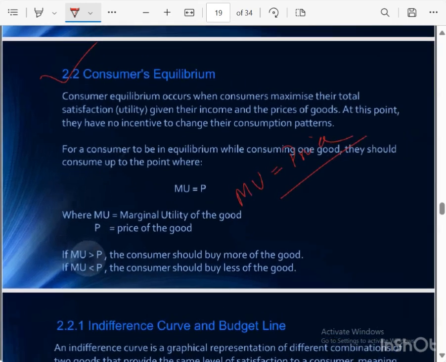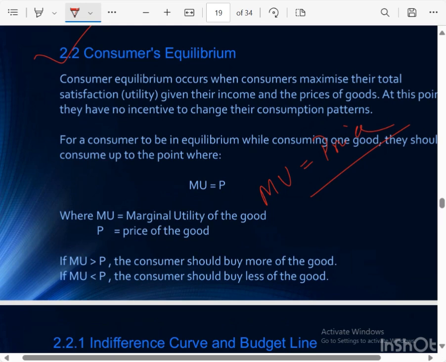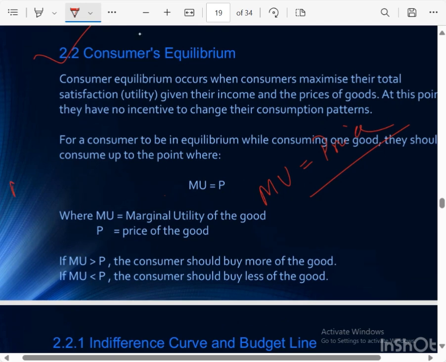So we can see the condition for consumers' equilibrium for a single good. The marginal utility of good X is MUx, the price of good X is Px, and the marginal utility of money is MUm. The condition for consumers' equilibrium is the marginal utility of good X divided by the price of this product is equal to the marginal utility of money.